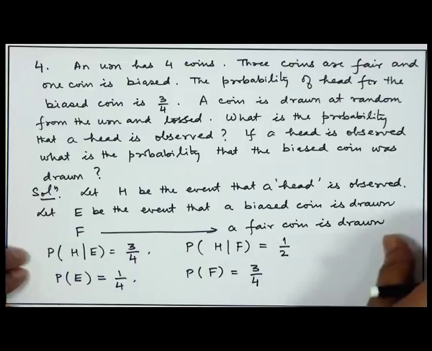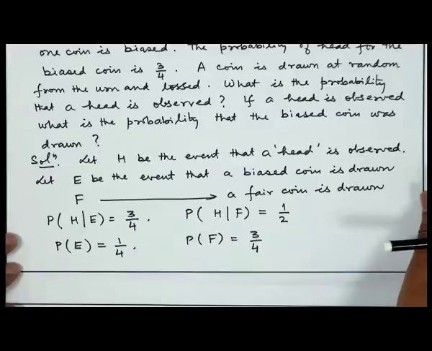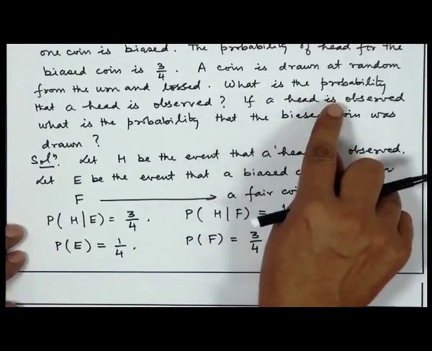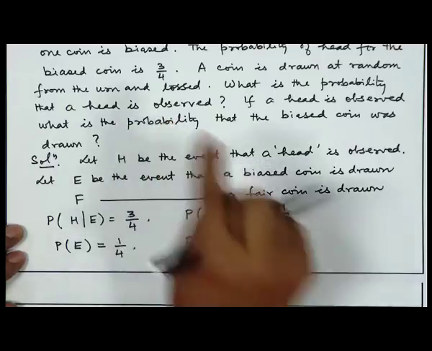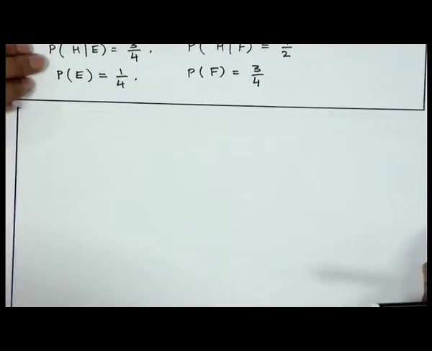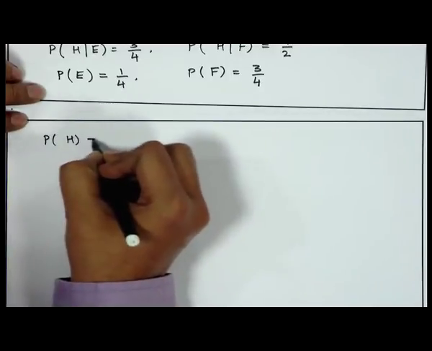So, we have evaluated basic probabilities which are related to this problem. Now, what is asked? We are asked what is the probability that a head is observed. So, head is observed means probability of H. So, we want to find out what is the probability of H.